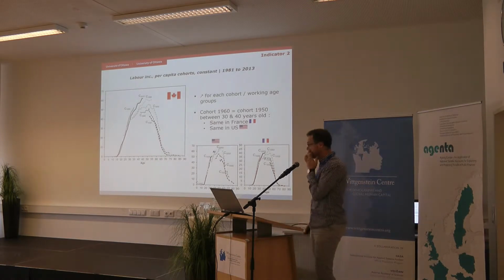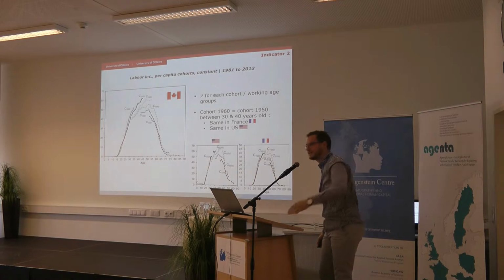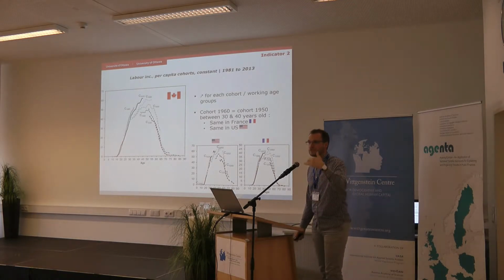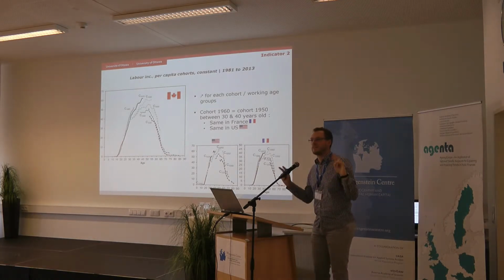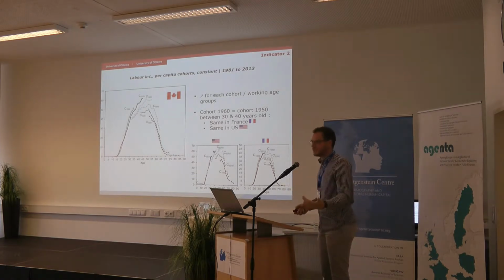What is interesting is, first, for labor income, if you look at cohorts and compare them at the same age, so you have to look at vertical lines, you see that labor income increases or stagnates from one cohort to another over time. So there is no break between generations relative to this indicator.